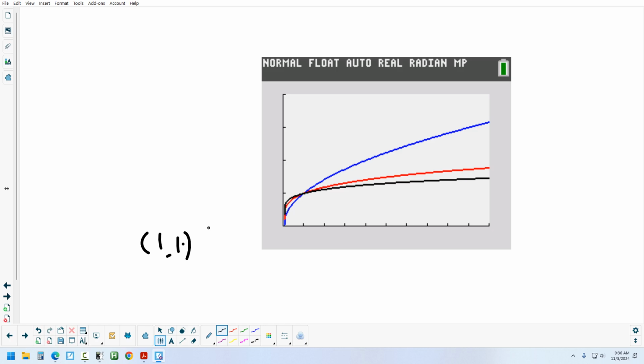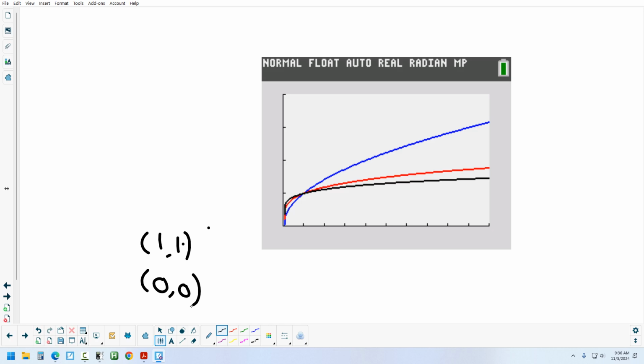It's kind of hard to see because the calculator doesn't do a great job with it. Does anybody think they see another point that they all pass through? 0, 0. Yeah, they all pass through 0, 0. So those 2 points are common to all even root graphs: 1, 1 and 0, 0.